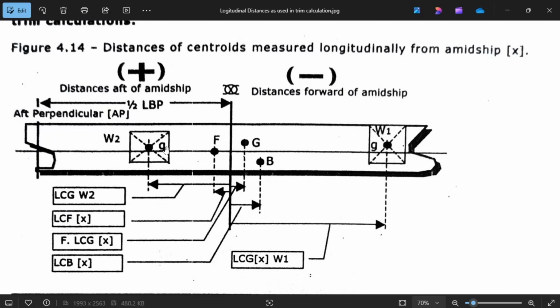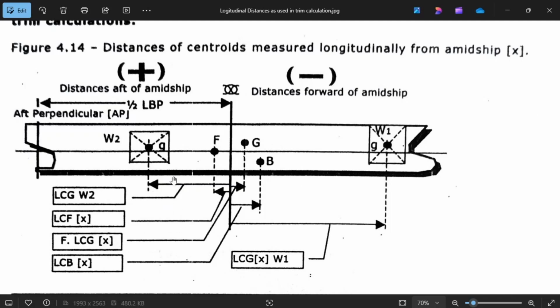This will be your center of gravity, small g, because you have already a big G here. With this distance, that will be the longitudinal center of gravity, which is positive.